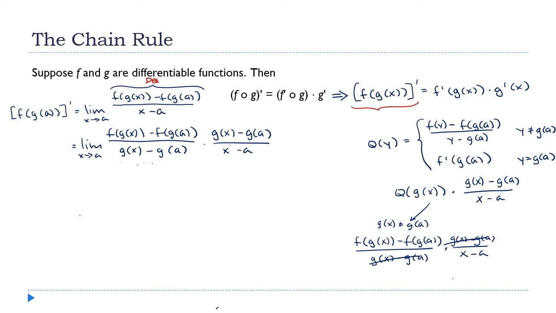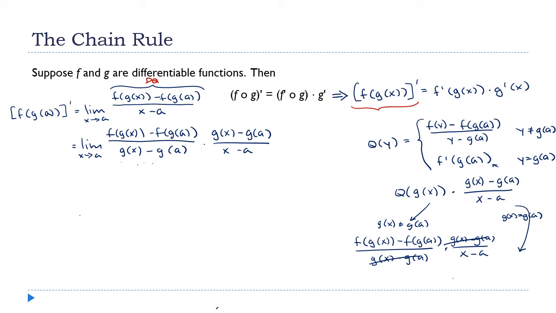Okay. Now, what happens in the case when g of x equals g of a? Well, then I have to use this version down here, this f prime of g of a. So let me see if I can squeeze this in here. In this case, first, notice that the difference quotient is 0, right?